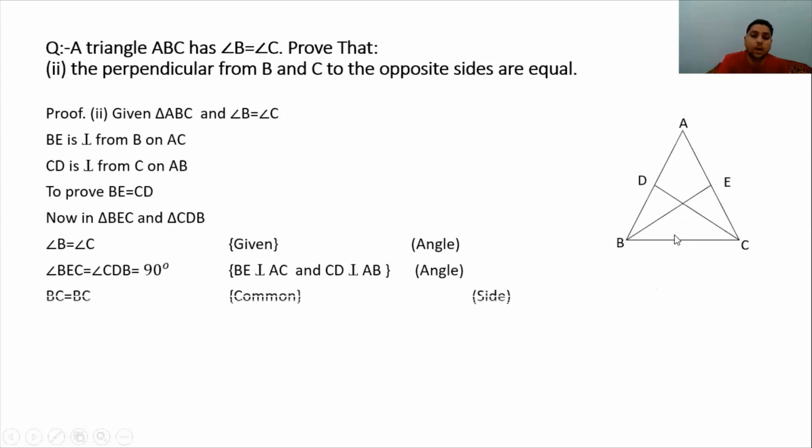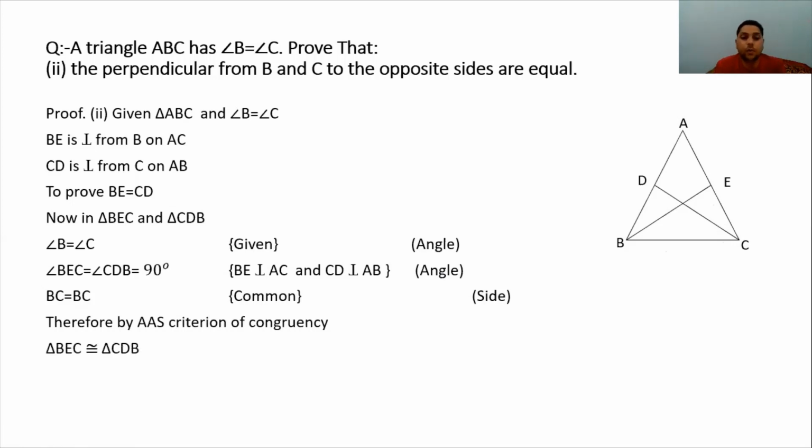Then we have a common side in both the triangles, BC. So by the criteria of angle, angle, side congruency of triangles, the two triangles are congruent to each other.